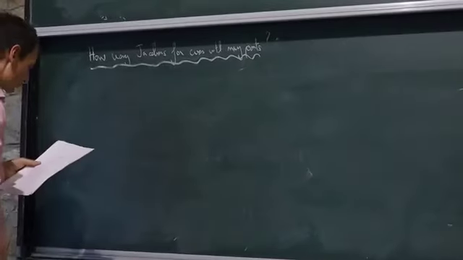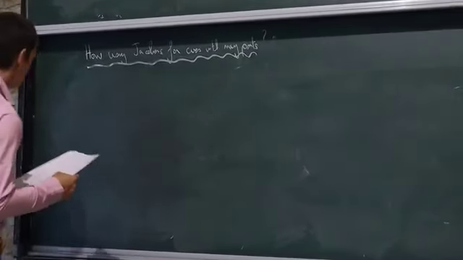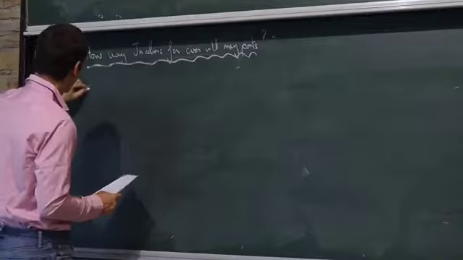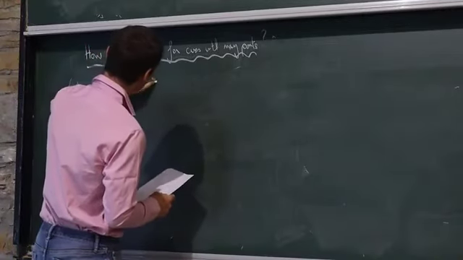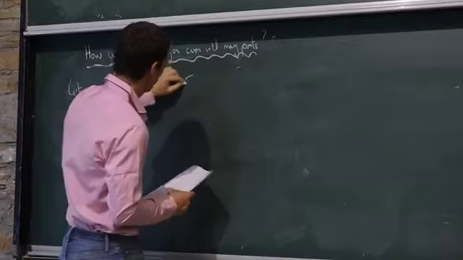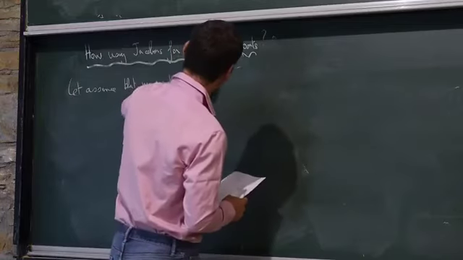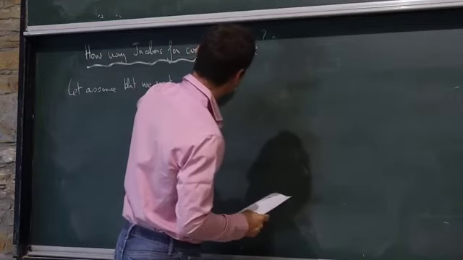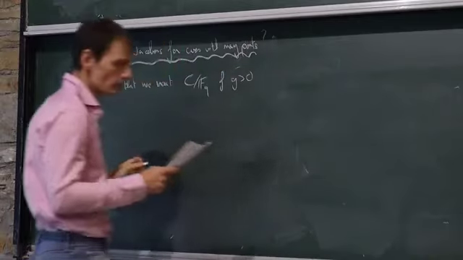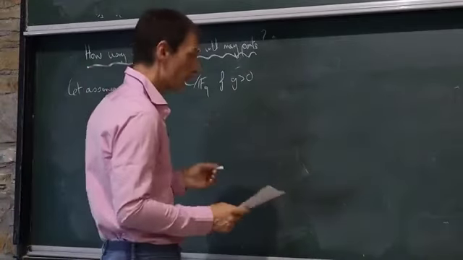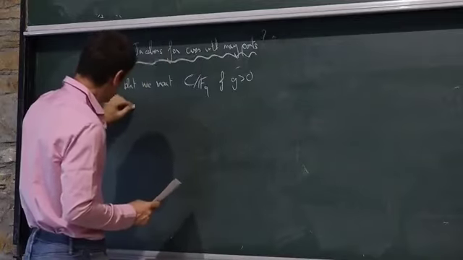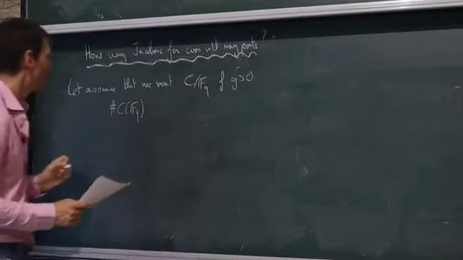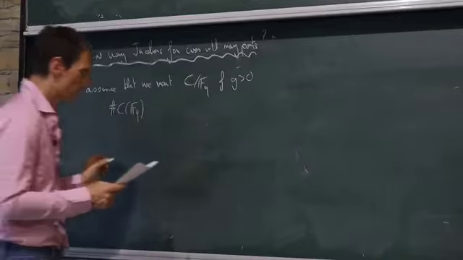So, first, let's assume that we want a curve C over FQ of genus G, I can assume positive, such that the number of its points reaches the Hasse-Weil-Serre bound.